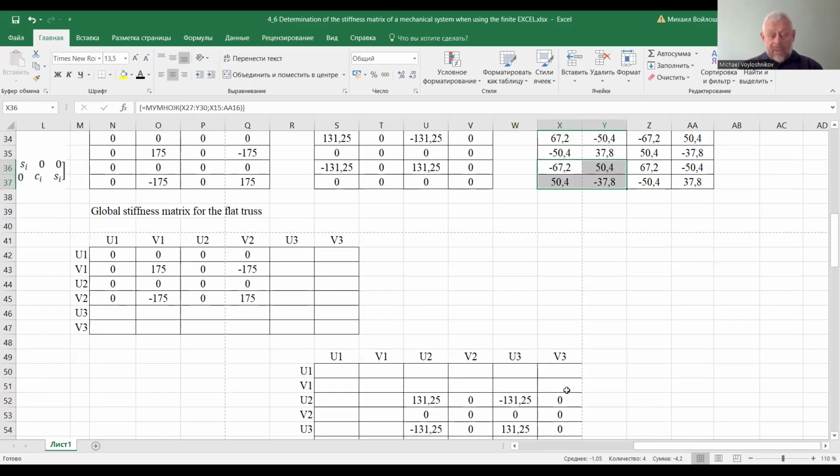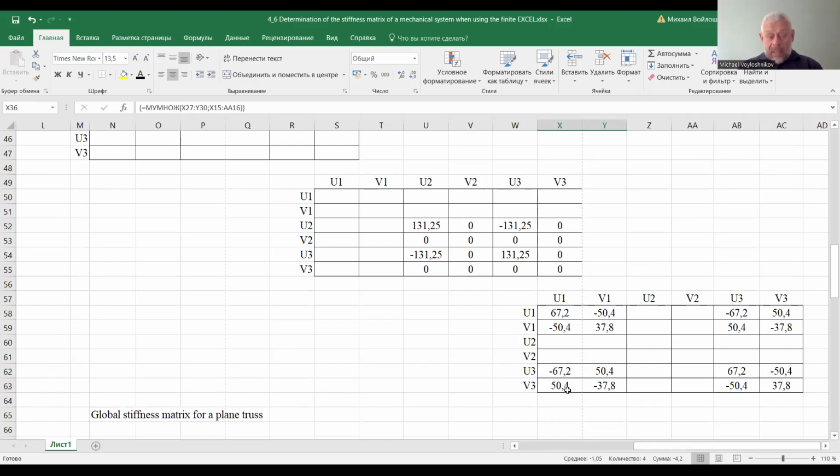As well, this matrix is symmetric. This we can copy to here, and this part of the stiffness matrix in the global coordinate system we can repeat here. So these places correspond to node 1 and node 3, abscissa and ordinate in the global coordinate system.